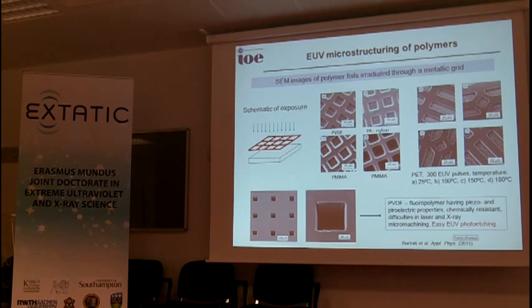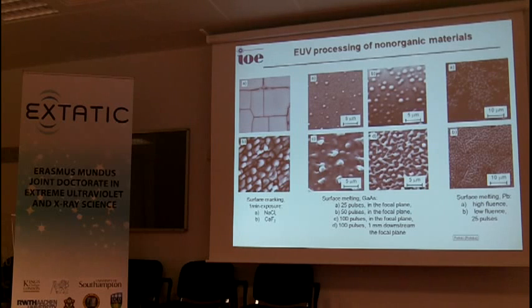But we found it's quite easy to process these polymers with EUV photons. So this is another example of materials that are important for engineering applications that can be processed easily with EUV photons.